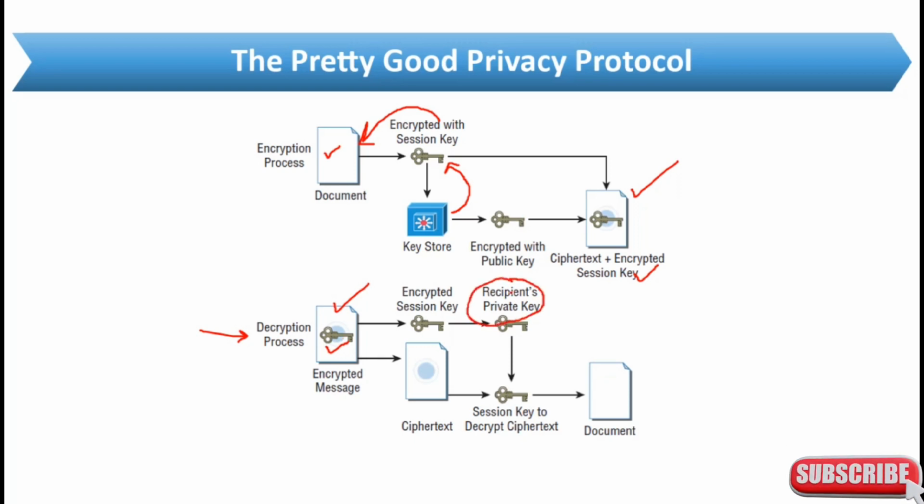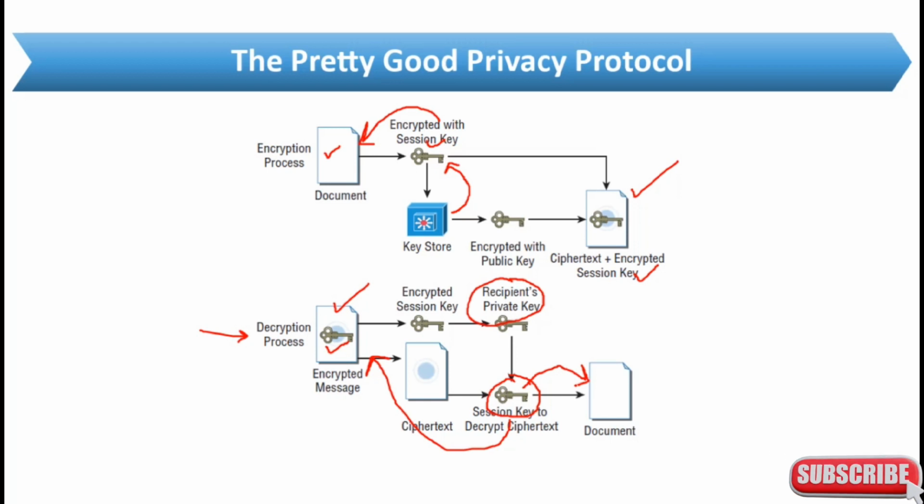So when the recipient decrypts the encrypted key with his private key, he gets the original session key. And with the help of this session key, he then decrypts this document to get the original document.